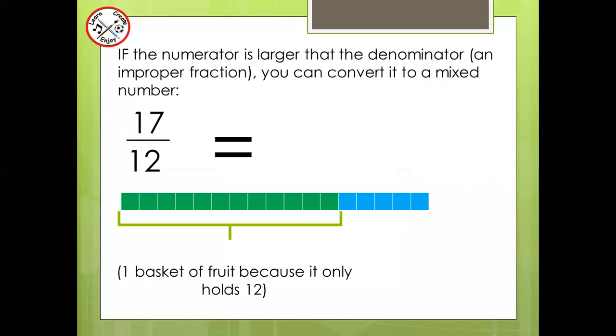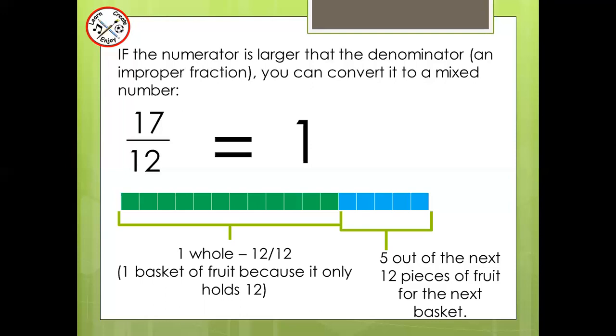The first 12 of those make one whole. They are 12 out of 12. It's that one basket of fruit which only held 12. So that's my one whole. And then I had some pieces left. Count how many pieces I've got left. I've got 5 out of the next 12. 5/12 left. So that fraction becomes 1 and 5/12 as a mixed number.